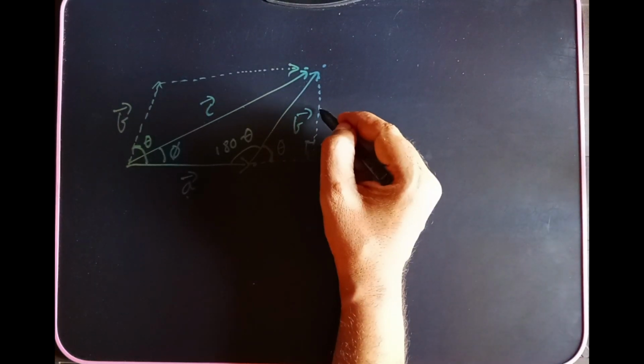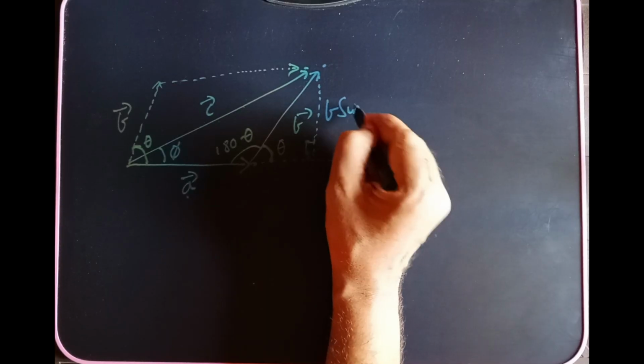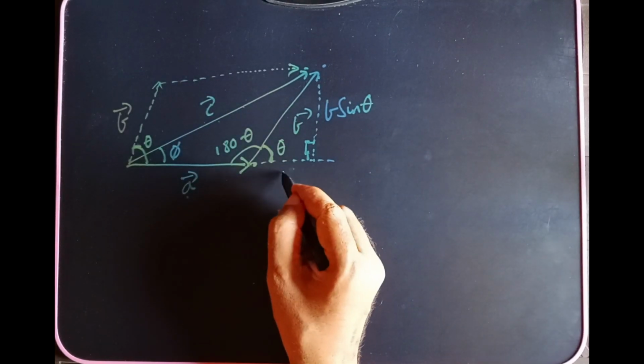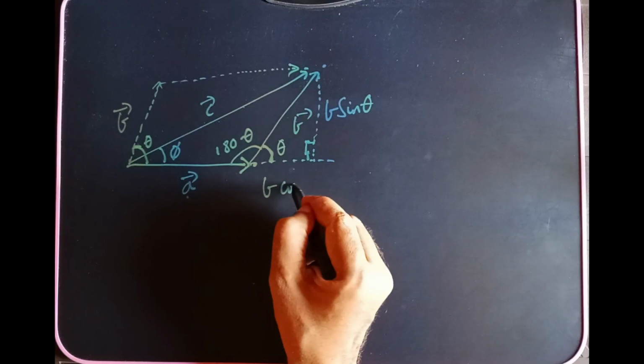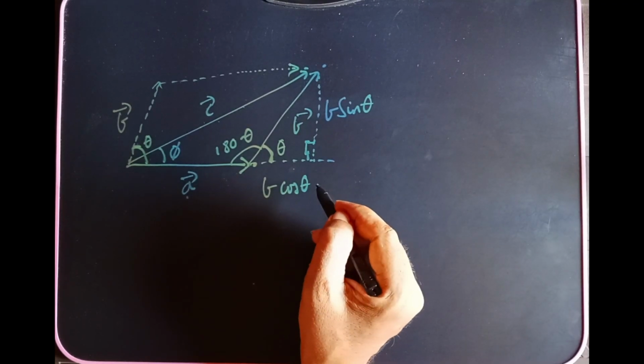So this side will become B sin theta, and this side will become B cos theta, right?